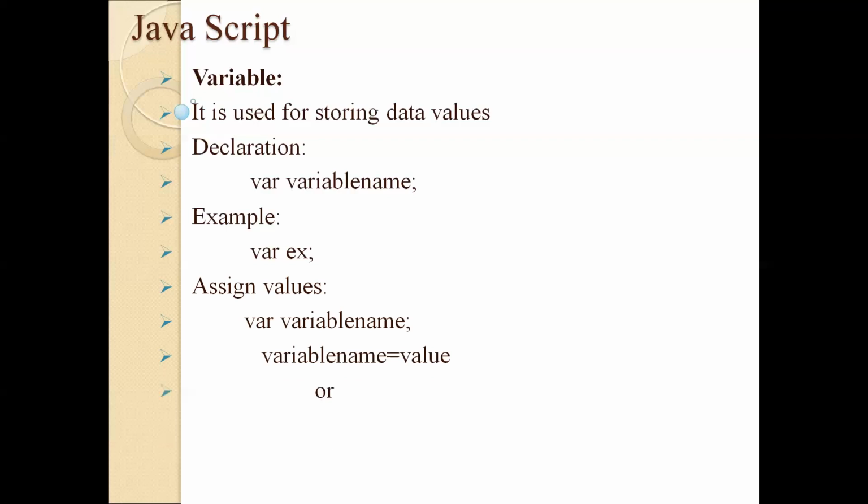Or we can simply use the declaration part and initialization part in the same line. These things are common in all the programming languages. We can declare the variable in one statement, we can assign the values in the next statement, or we can combine the declaration and assignment of values, that is initialization, in a single statement also.